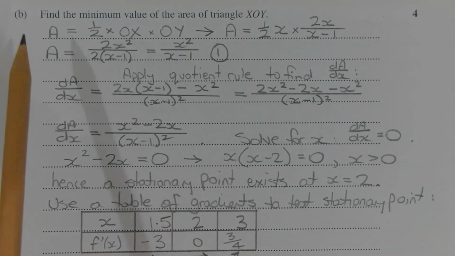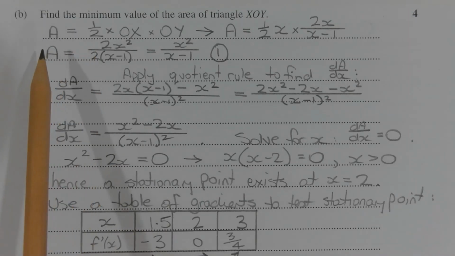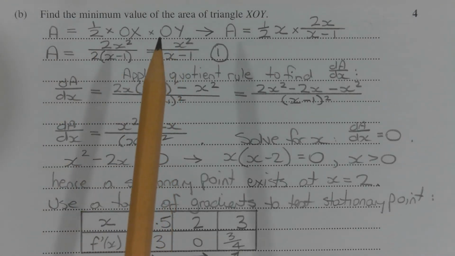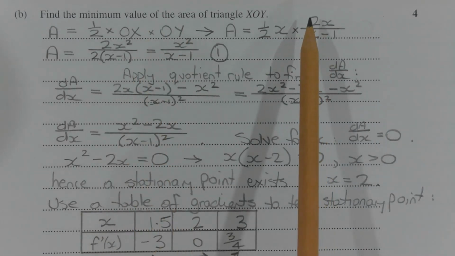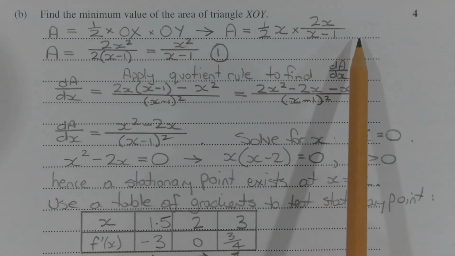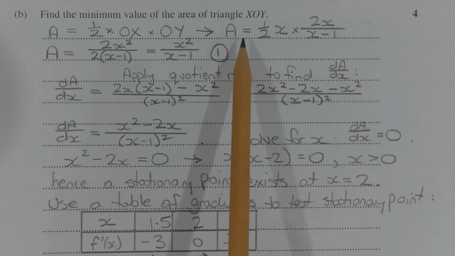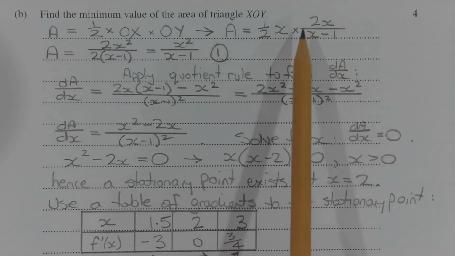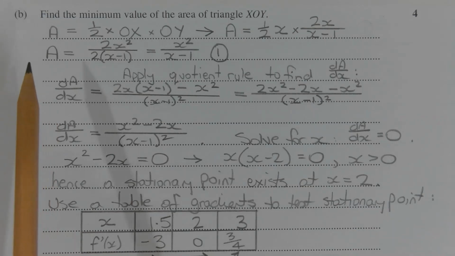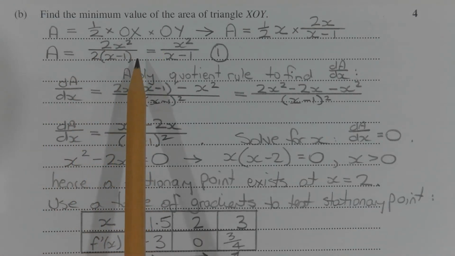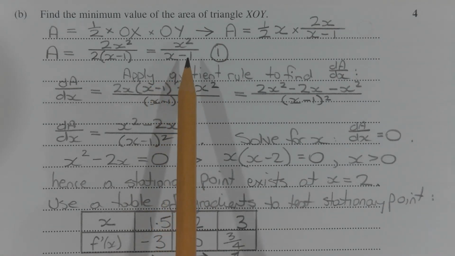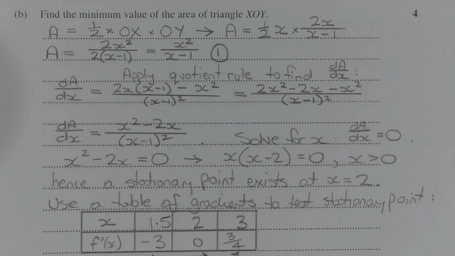But we need to express A in terms of x, not in terms of x and y. And we found from part A that OY, or y, is equal to 2x over x minus 1. So the area A is equal to half times x times 2x over x minus 1, which simplifies to 2x squared over 2 times x minus 1, which equals x squared over x minus 1.